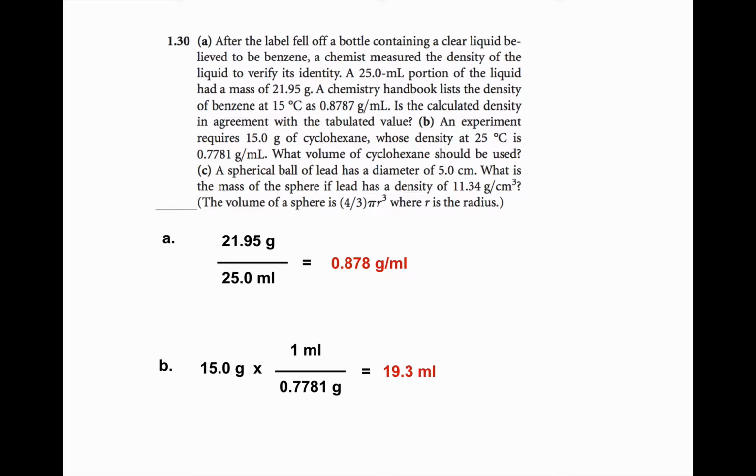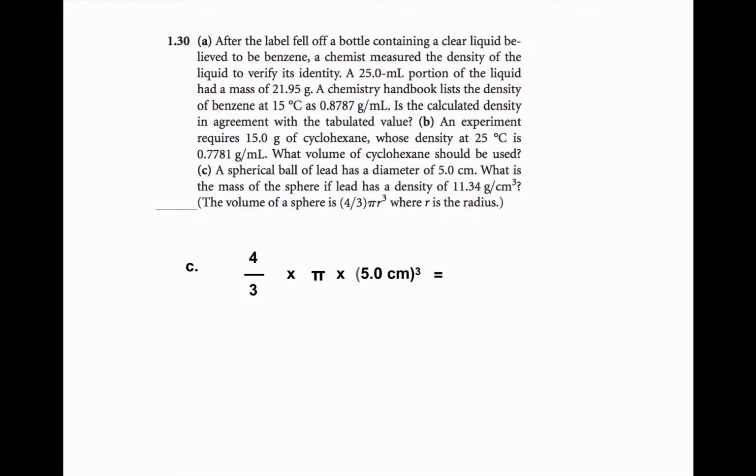C, a spherical ball of lead has a diameter of 5 centimeters. What is the mass of the sphere if lead has a density of 11.34 grams per cubic centimeter? They give us the formula for using the radius to find the volume. So this is the same problem, you have a way to find the volume of the sphere.